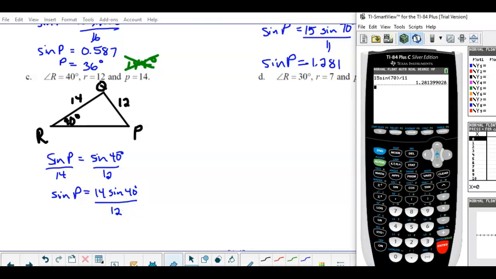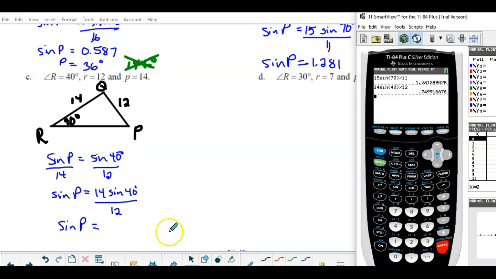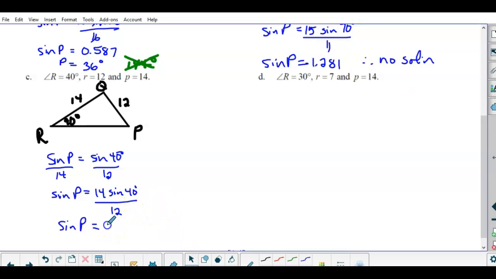Okay, get out your calculator. So 14 sine 40 divided by 12 is 0.7, let's go to 4 decimal places, 0.7499. You keep it in your calculator anyway.